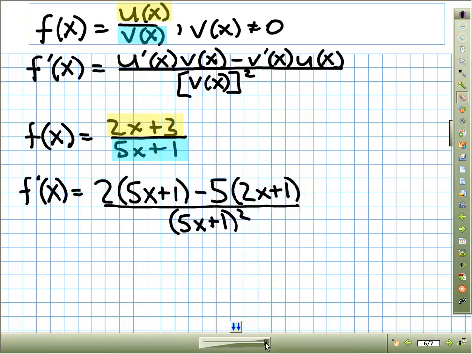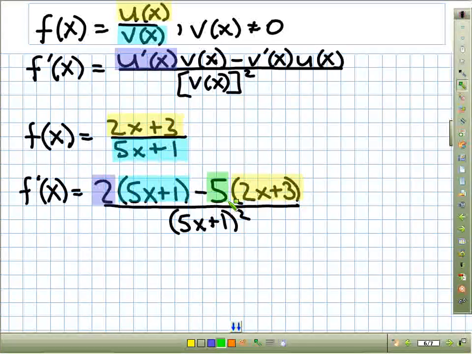This would be not 2x plus 1, but plus 3. Okay? So this is the top. This is the bottom. And then we've got the derivative of the top, and then, of course, the derivative of the bottom. I think that's everything.